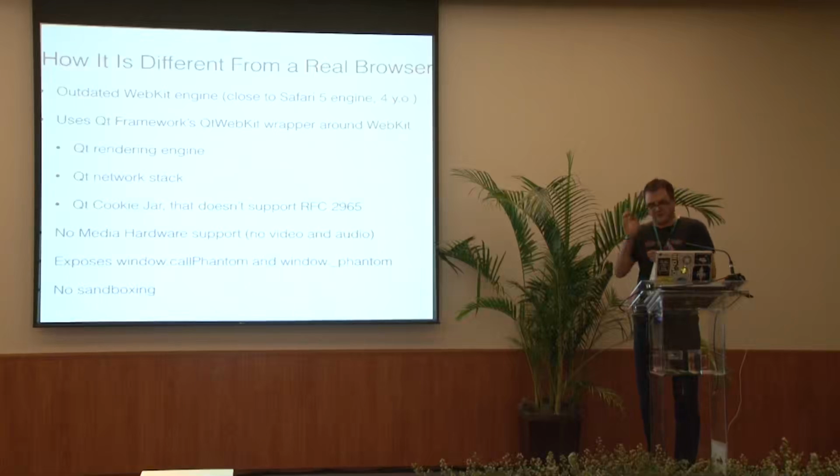There is 1 point something, the last one is 1.9. That's the latest stable version. And there's experimental Phantom 2, which is not even released yet, but you can download the sources and compile it yourself. So that 1.9, which is the current stable release, is using a 5-year-old WebKit engine, which is similar to Safari 5.